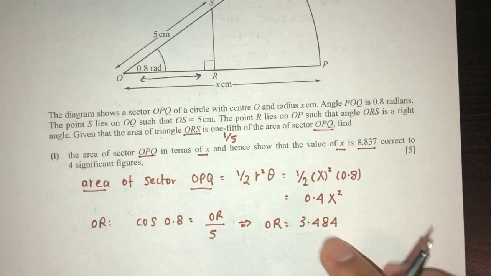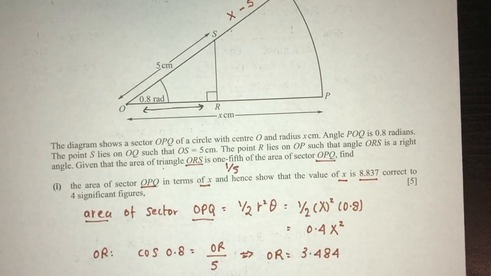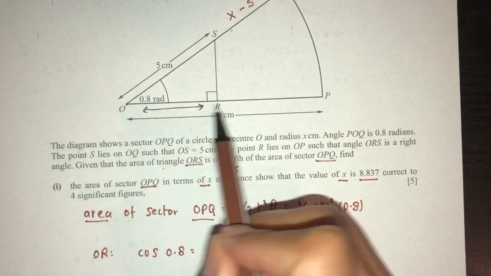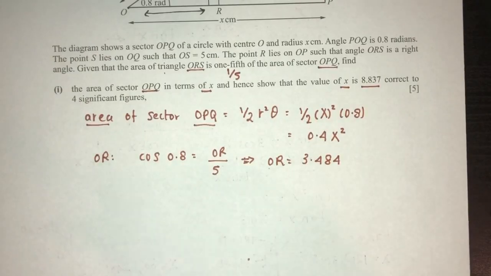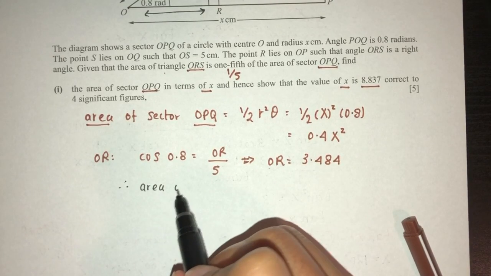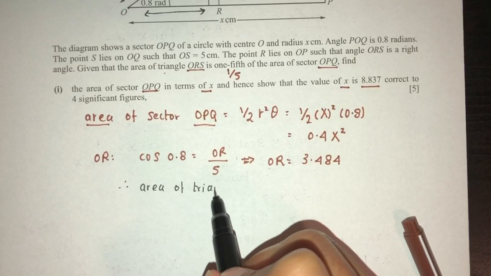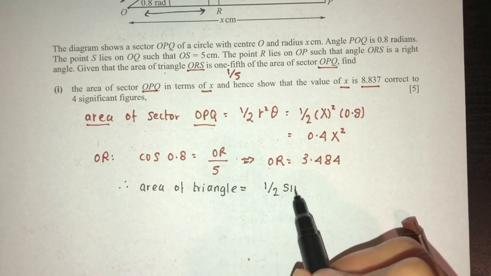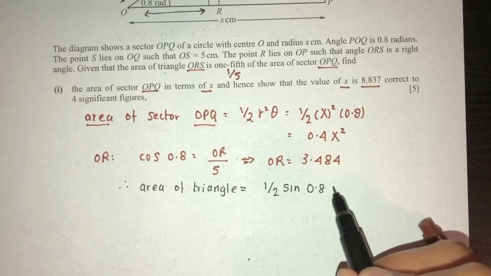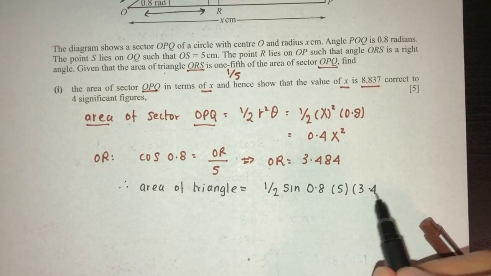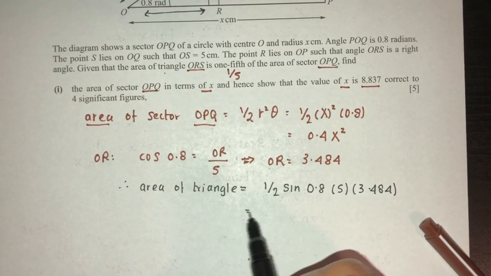Now we have to use that to find area of triangle. So area of triangle will be half times sine of this angle times this side and this side. So area of triangle is equal to half of sine of the angle 0.8 times the two sides, one is 5 and one is 3.484.